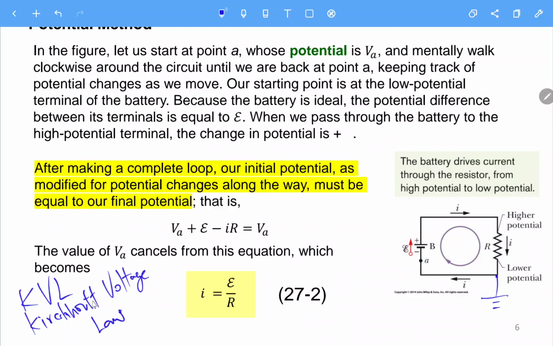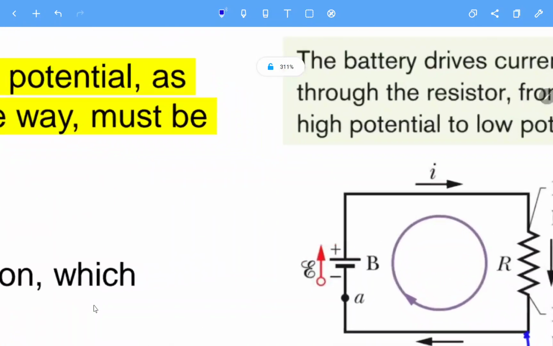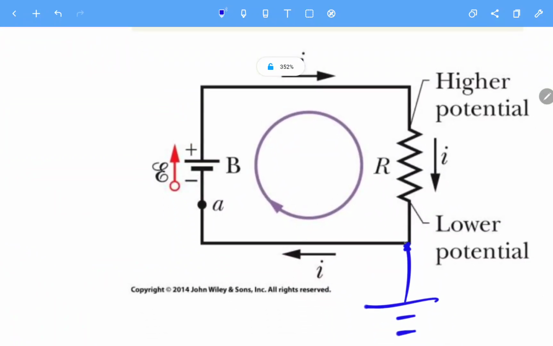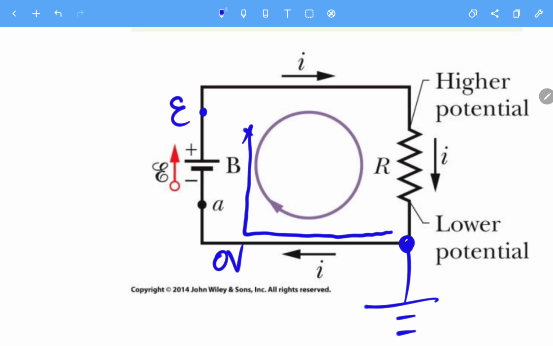Here, we talk about the Kirchhoff voltage law. For example, we start from here, the ground of the circuit, and go in this way. We go across this EMF, which means this is 0 volt, and here it will be E.